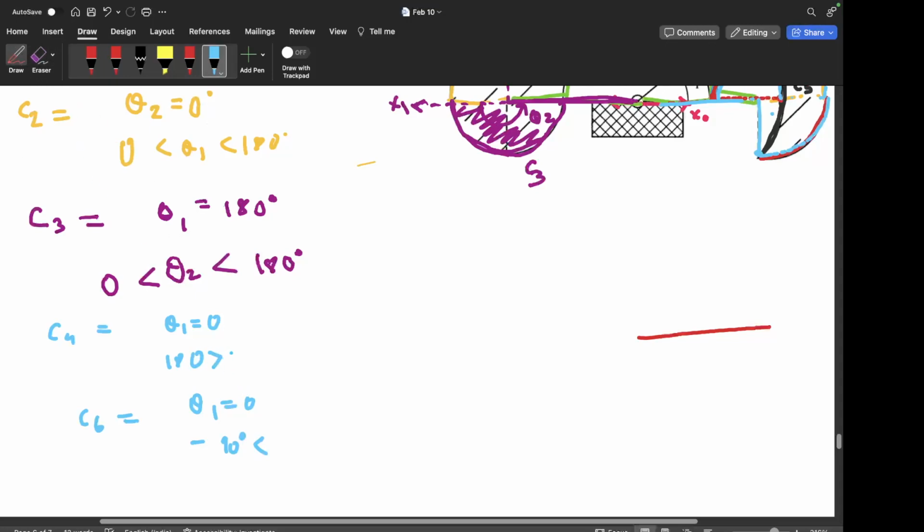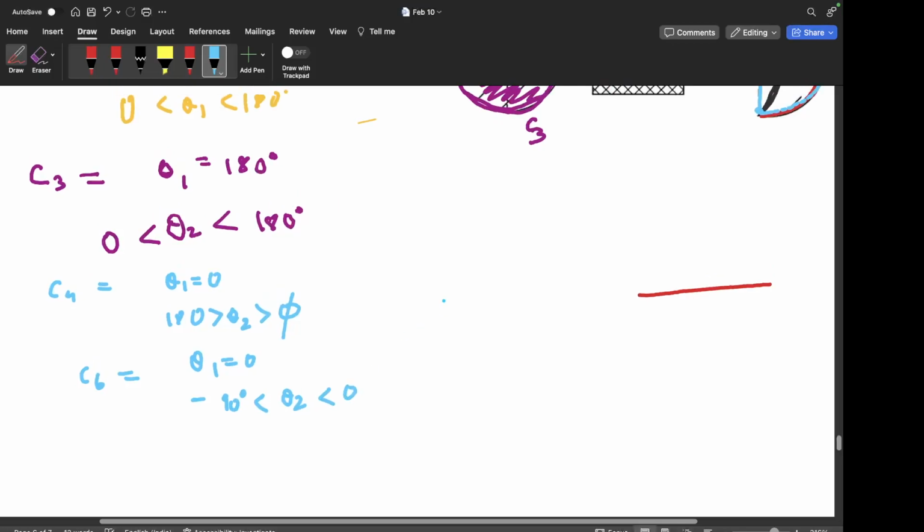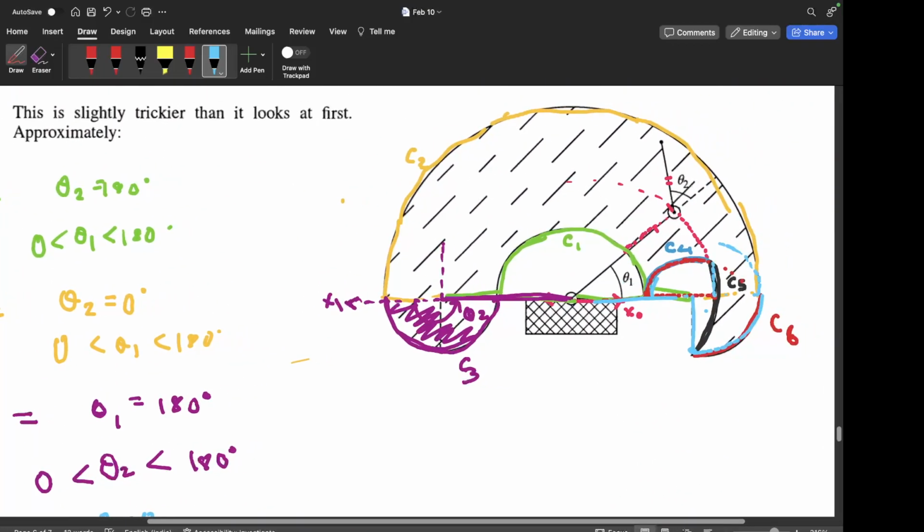So here theta 2 decreases from 180 to some value. That value I can't tell. So here it decreases from minus 90, theta 2 goes to 0, and then it goes inside the same already discovered workspace, right? So C6 and C4 are done.